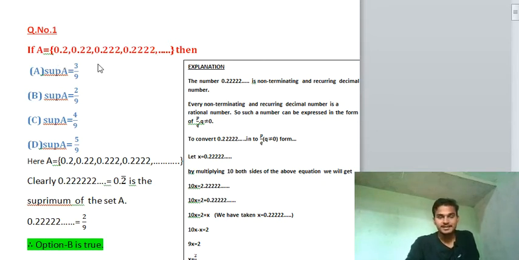That is supremum. Least upper bound is otherwise called supremum.